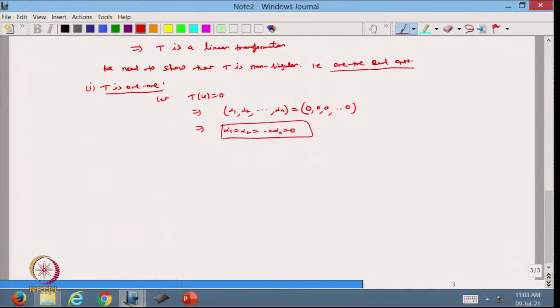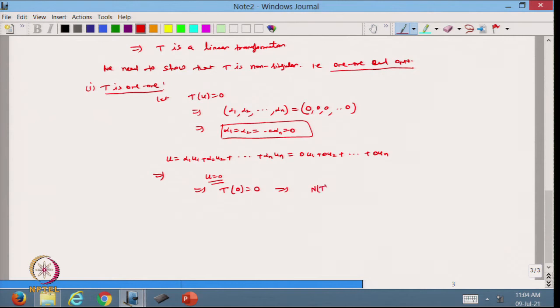Now, from here my u is alpha 1 u 1 plus alpha 2 u 2 up to alpha n u n, and now I can write this as 0 into u 1 plus 0 into u 2 plus 0 into u n, which shows that my u will be 0, and from here I can say that T of 0 will be 0, and that shows that this is true.